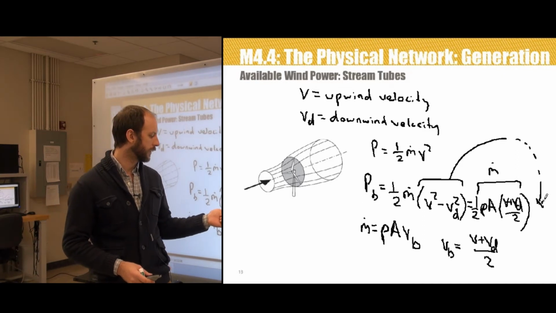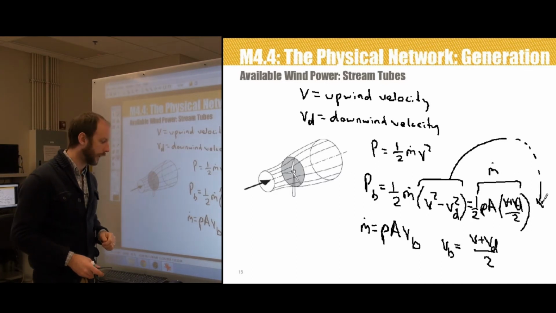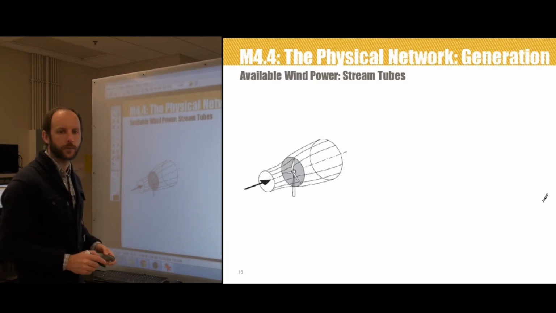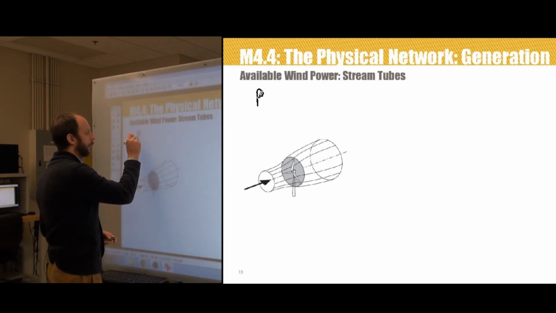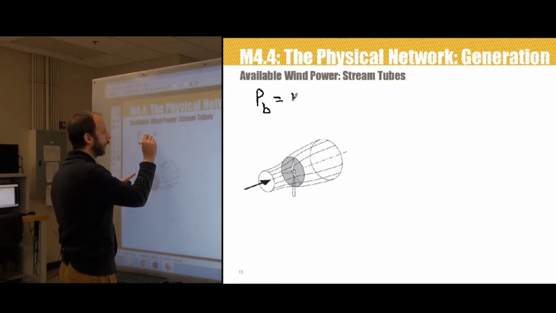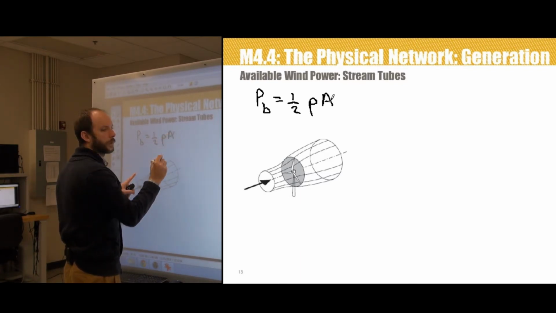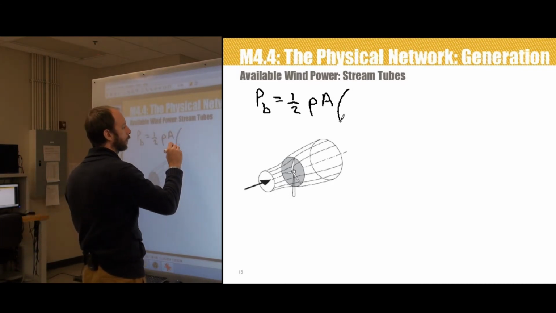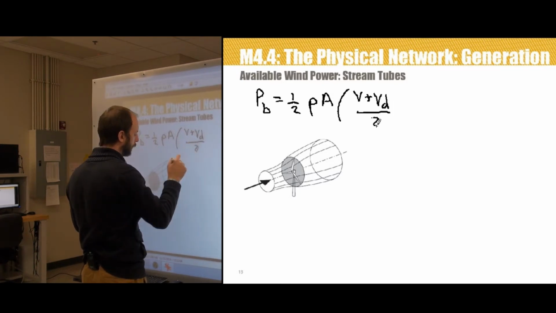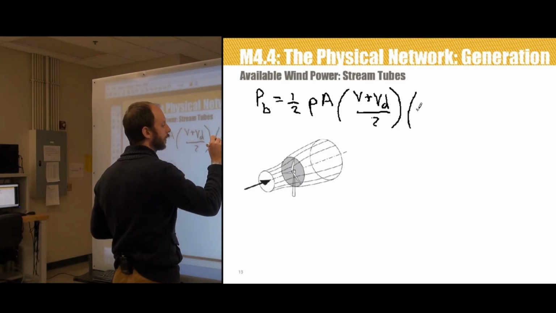So we see that there are terms V squared, Vd squared, V plus Vd. So what we're going to do is just a little bit of algebraic manipulation. I'll just rewrite our previous equation. The power extracted by the blades was 1/2 rho A, and then V plus Vd over 2, which was our estimate for wind speed at the blades, and then we multiply that by V squared minus Vd squared.